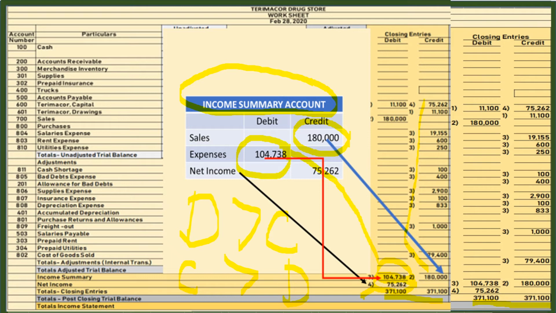So the lighter side is the debit side. Therefore, it came from a credit side. And a credit side in the income summary account represents income. So if the income is greater than expenses, there will be net income. If income is lesser than expenses, there would be net loss.